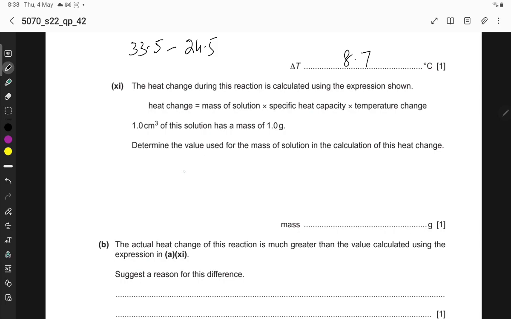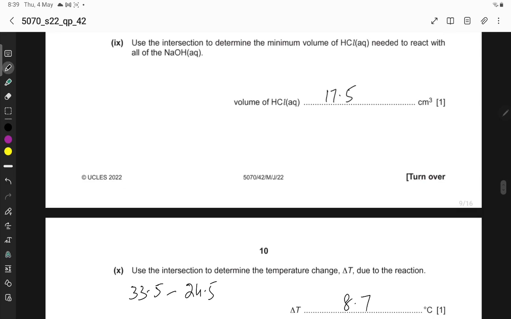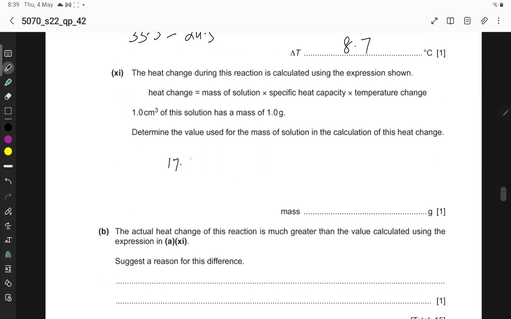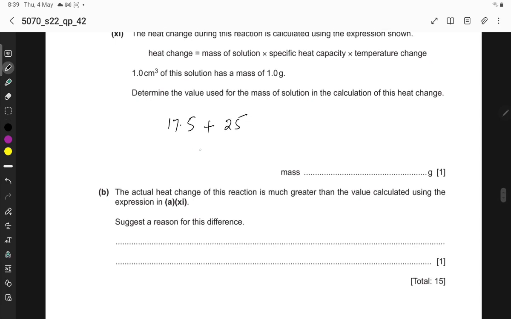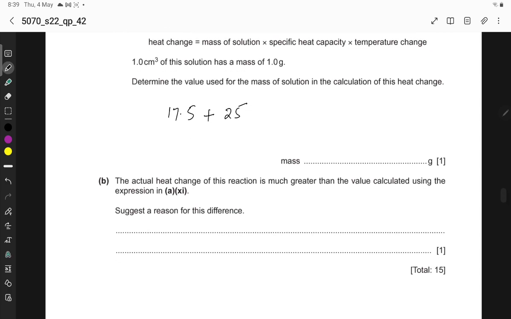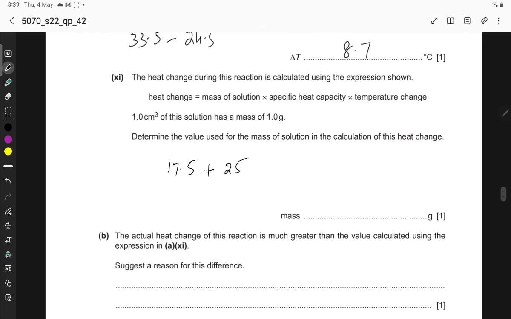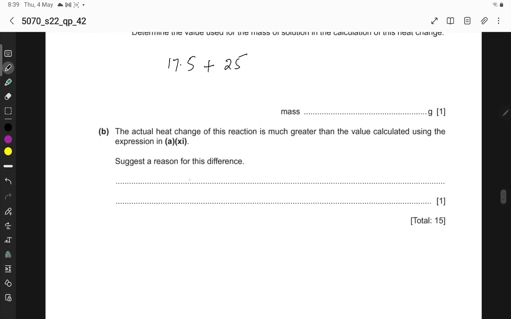The total mass of solution is 17.5 volume of HCl and sodium hydroxide 25. The actual heat change of this reaction is much greater than the value calculated. Suggest a reason for this difference: it is due to heat loss.